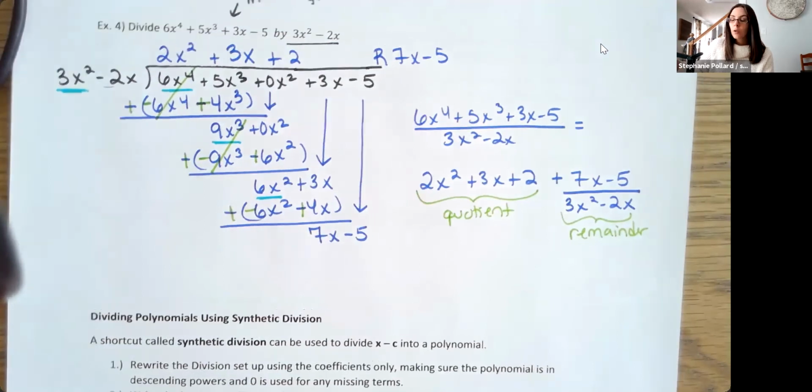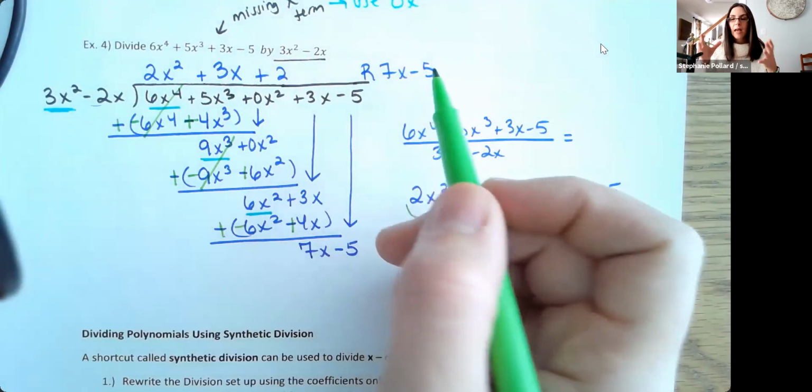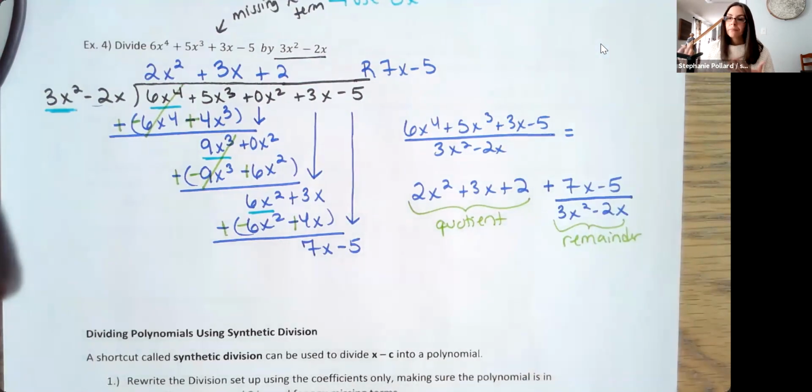Okay. So again, you can kind of write your answer this way if you just need the quotient and they just want the remainder without putting it over the divisor. But if you're actually asked for the full answer, it would be this plus your remainder. So that would be your final answer here for the long division.